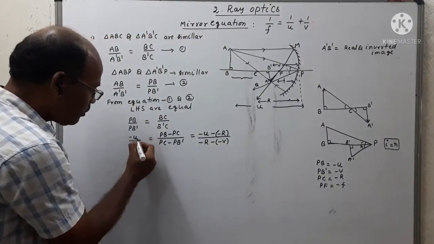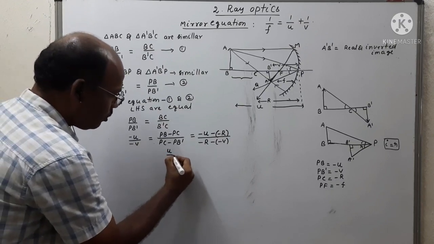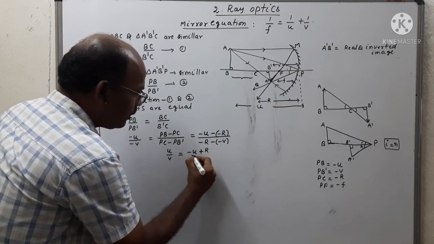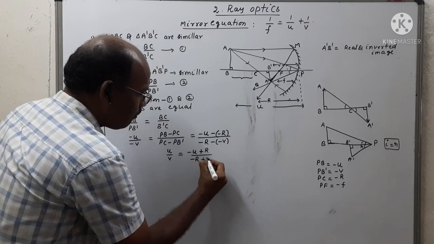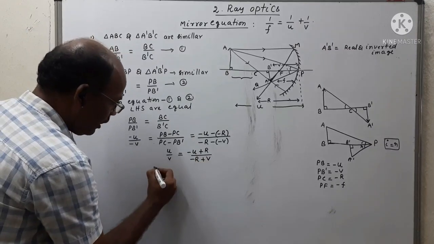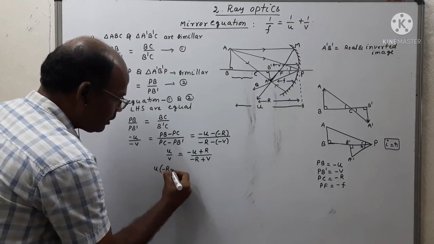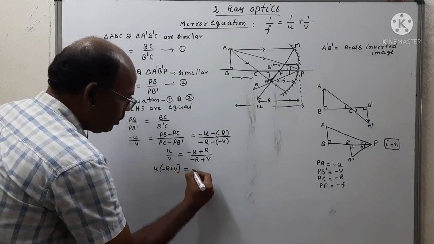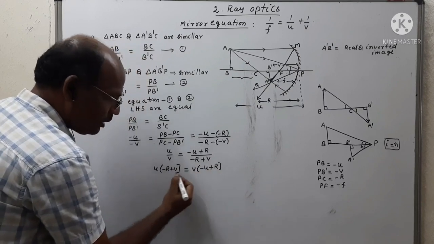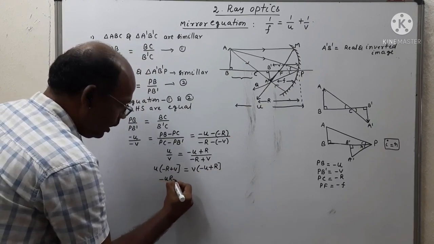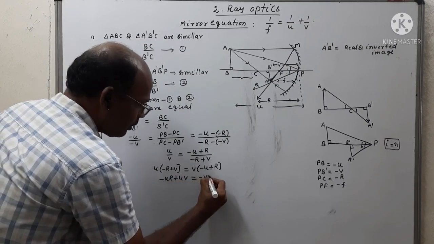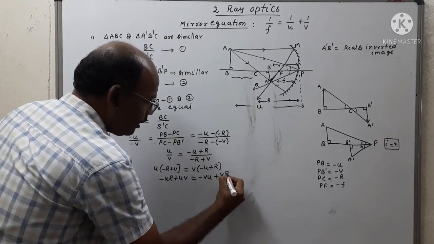So finally the minus minus cancel, it becomes U by V. So this is minus U plus R by minus R plus V. Okay, so on cross multiplication we can write U multiply minus R plus V is equal to V multiply minus U plus R. So expand the bracket terms. So minus UR plus UV is equal to minus UV plus VR.